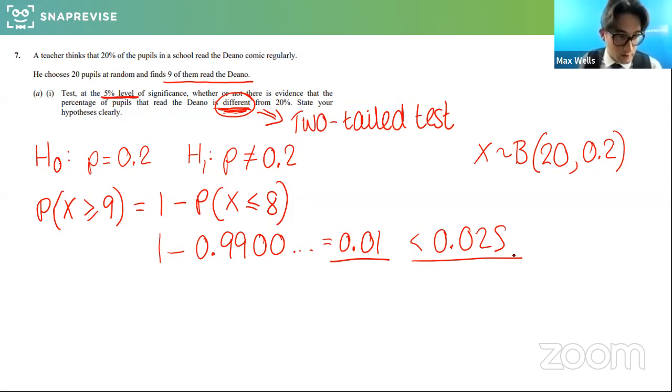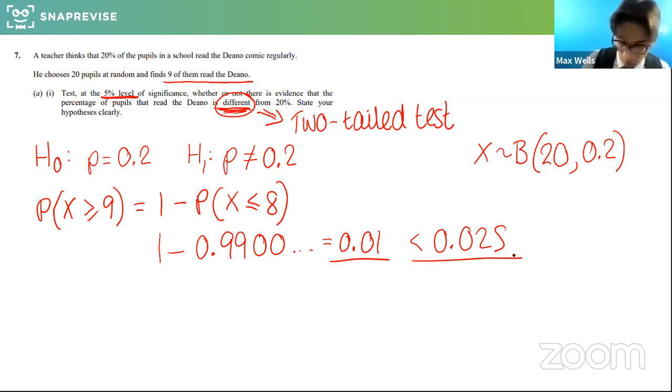So this allows us to say there is evidence that the null hypothesis was wrong, and therefore the readers of the Dino do differ from the 20% that was suggested. Okay, so this is the evidence that it's not 20%.